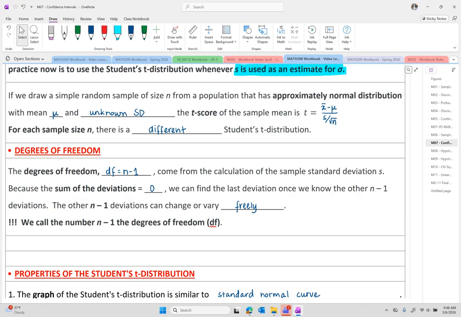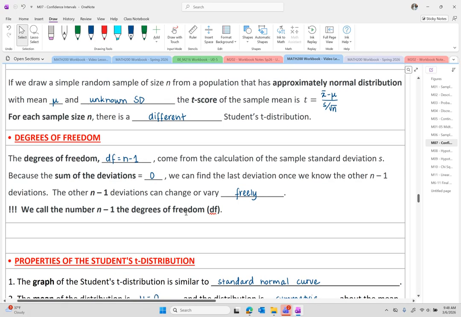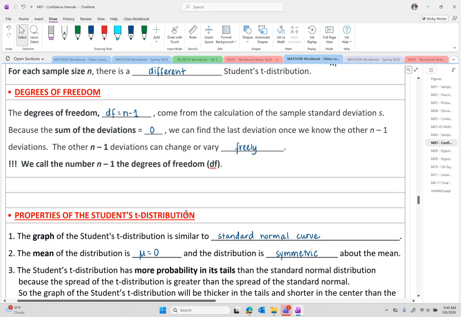Because the sum of the deviations of a sample equals 0, you can find the last deviation if you know the other n minus 1 deviations. These n minus 1 deviations can vary freely, and that's why this value n minus 1 is called the degrees of freedom.